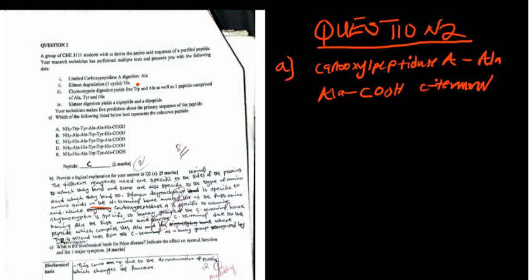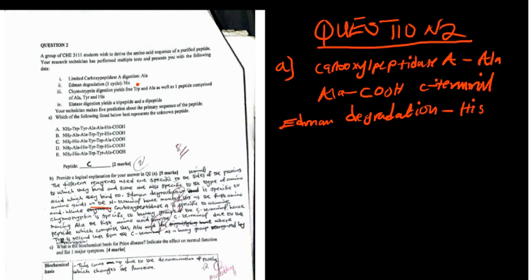Then the next one we have is Edman degradation. This histidine here should be the first amino acid, which is the N terminal. So with Edman degradation, we said it produces histidine, and histidine should be at the N terminal.